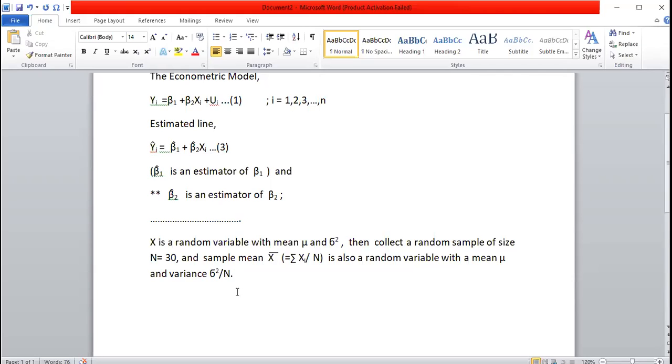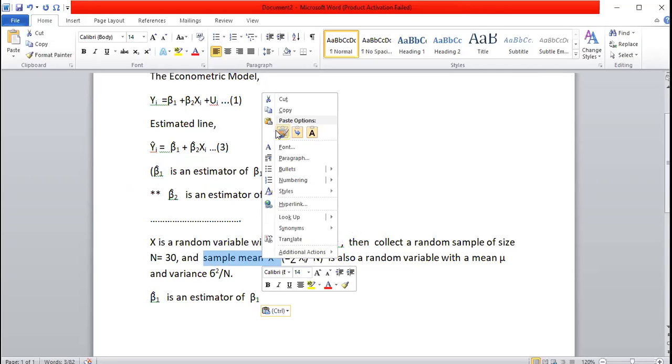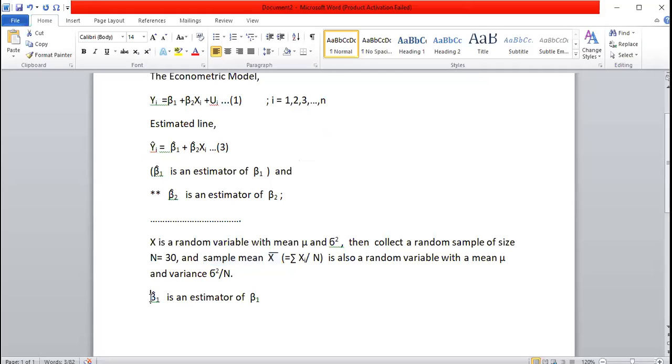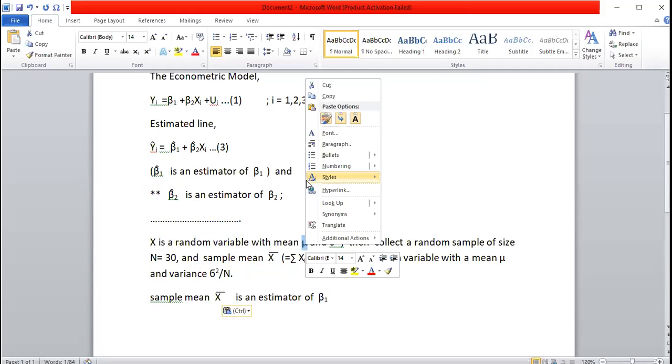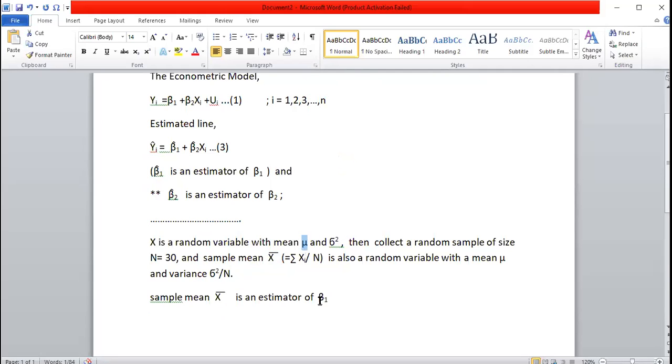More importantly, what is X bar? X bar is an estimator of mu. Our focus is here always.